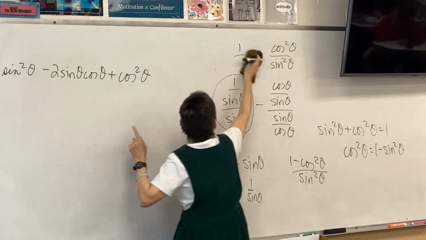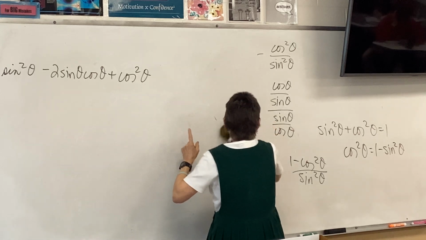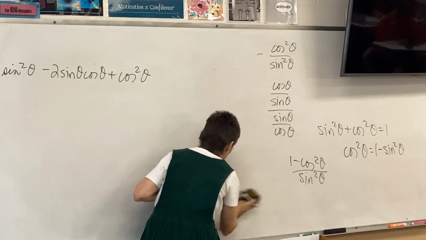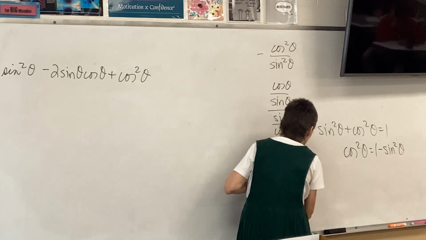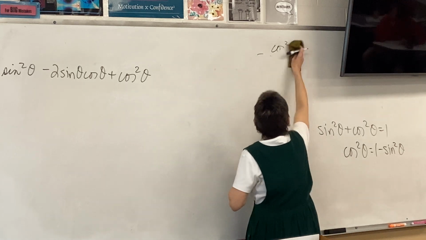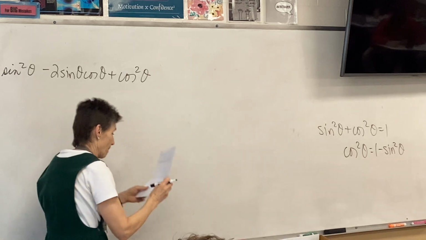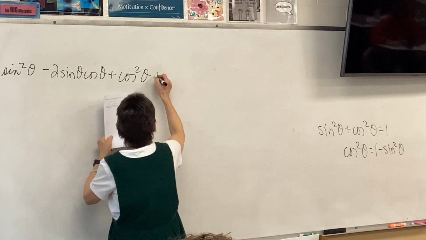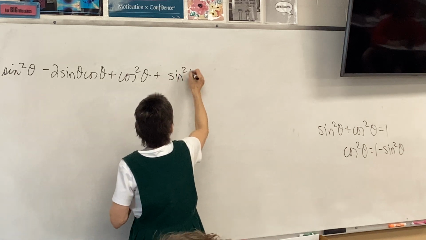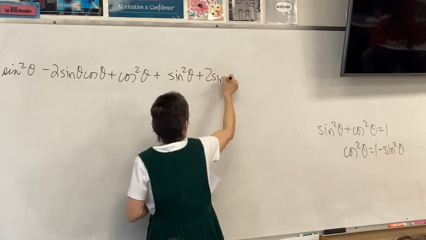That's the first one. You okay with that? So what's the second one? This is plus sine squared plus 2 sine cosine.